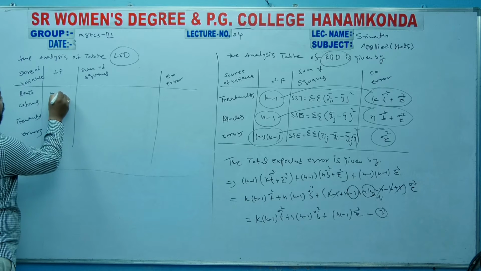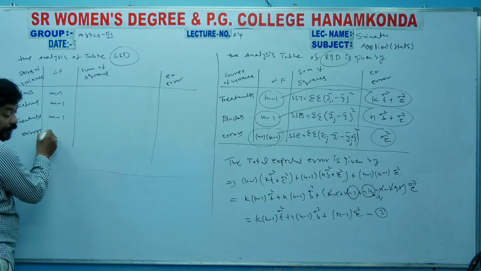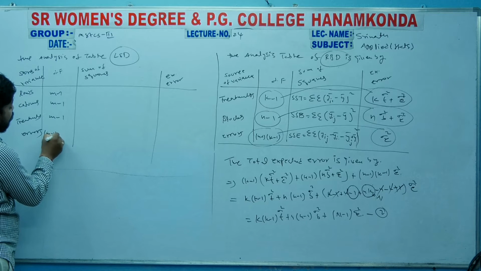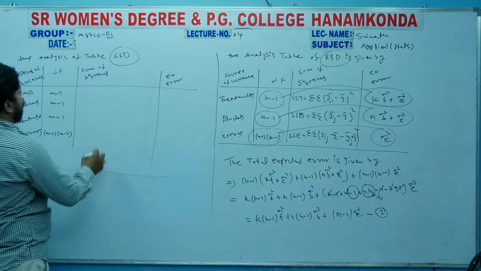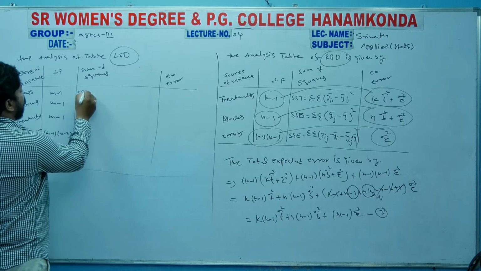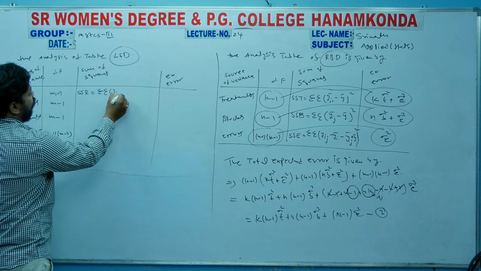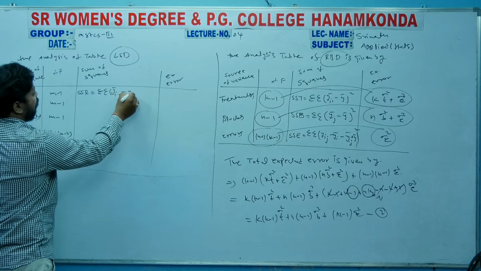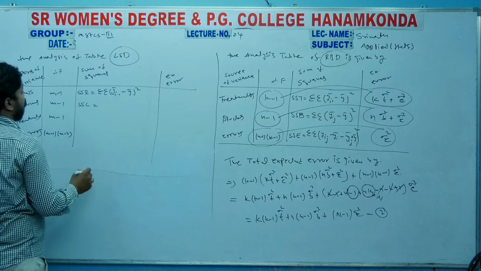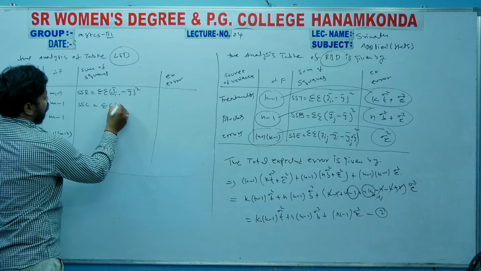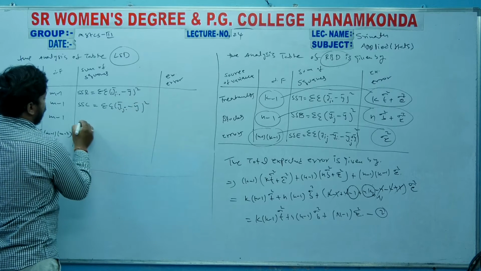The degrees of freedom of rows is m minus 1, columns is m minus 1, treatments is m minus 1, and error is m minus 1 into m minus 2. And also we can write sum of squares of rows is equal to double summation y i dot bar minus y bar whole square. Sum of squares of columns is equal to double summation y dot j dot bar minus y bar whole square.